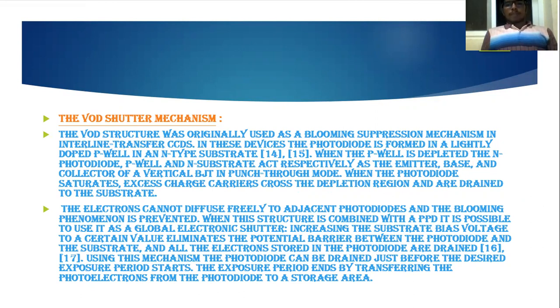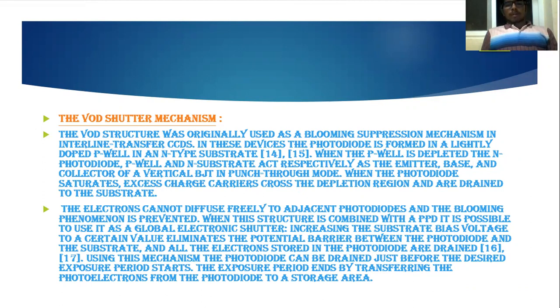When the P-well is depleted, the N photodiode, P-well and N substrate act respectively as the emitter, base and collector of a vertical BJT in punch-through mode. When the photodiode saturates, its charge carriers cross the depletion region and are drained to the substrate. The electrons cannot diffuse freely to adjacent photodiodes and the blooming phenomenon is prevented.